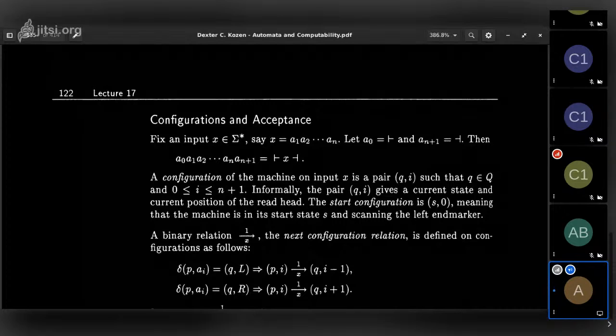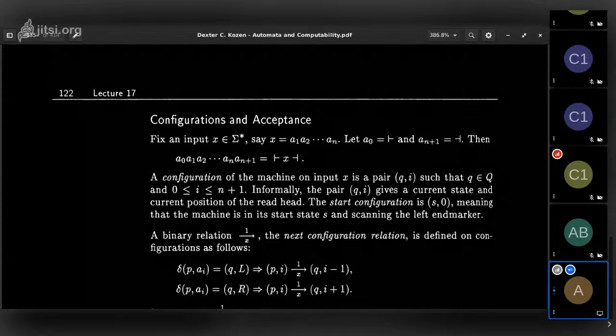This is the delta transition, and this is the configuration: in which state and in which cell you are. After one leftward movement you are in a new state and a new cell position, one cell to the left. This is the rightward movement. This is what is called the configuration.